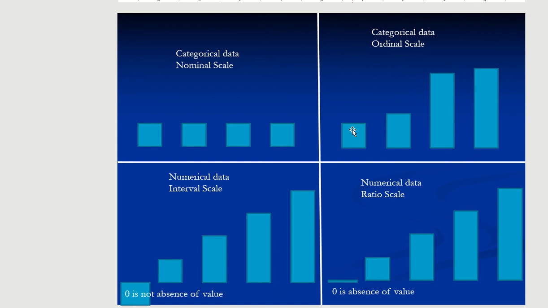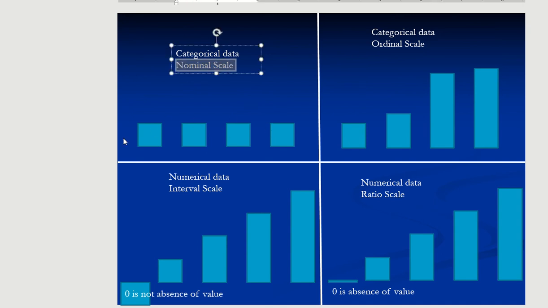The difference could be huge. So again, when I ask you about how much you like a professor, when you say very dislike to dislike, the difference is not that big. Both of you dislike the professor, but when you go from dislike to neutral, the change in opinion is very large. Okay, so the point I'm trying to make here is that with categorical data, when it's nominal, it's just categories, no ranking.